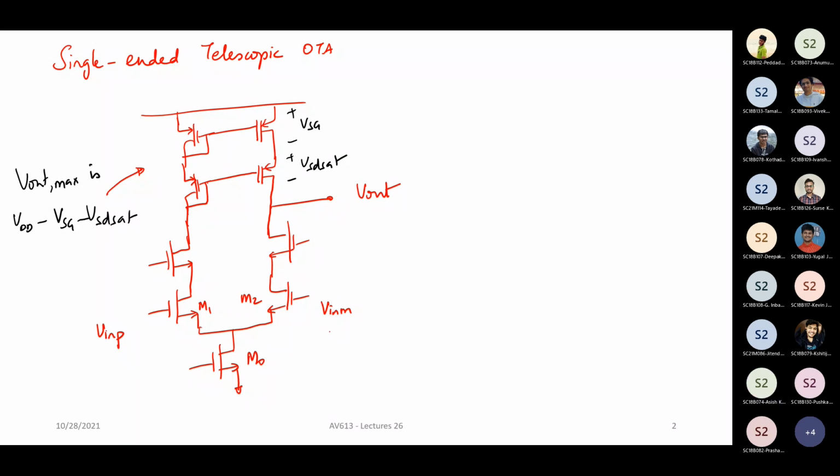Now when we talked about current mirrors, we looked at current mirrors primarily as NMOS current mirrors, and I also mentioned that the same can be done with PMOS transistors as well. In this example, we are looking at a PMOS current mirror, right? And in the case of NMOS current mirrors, we looked at the minimum voltage.